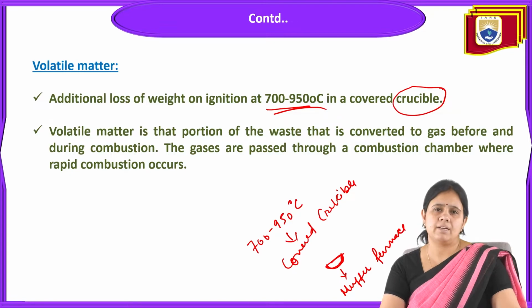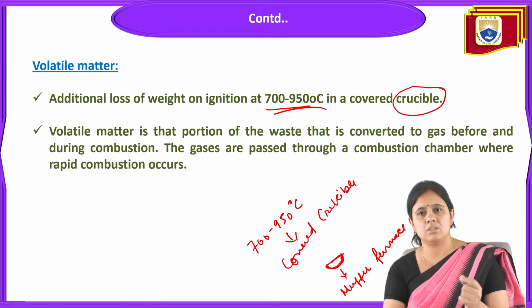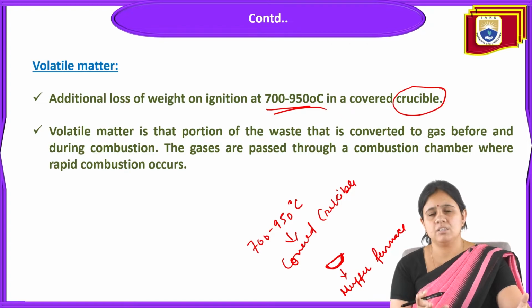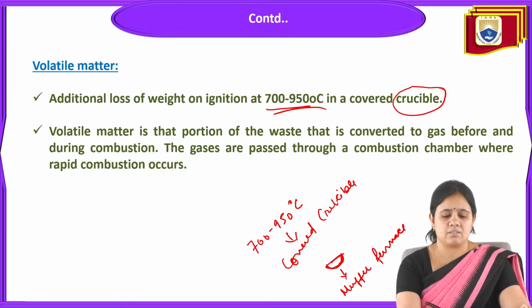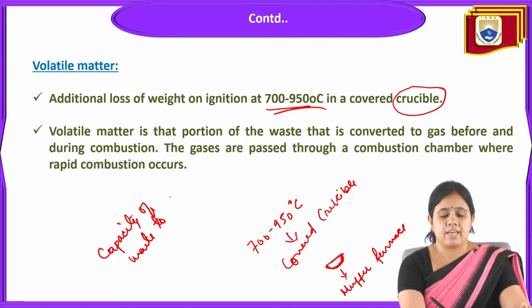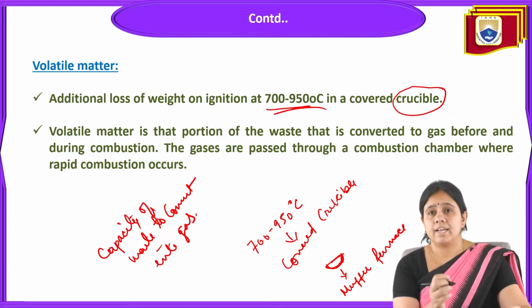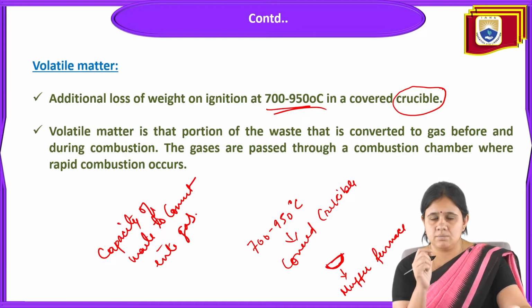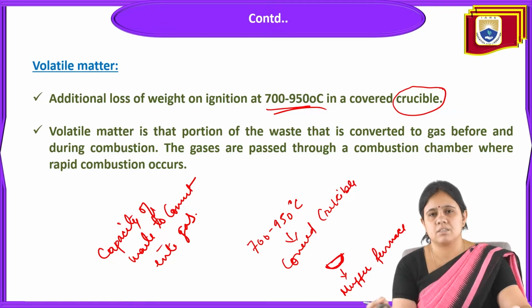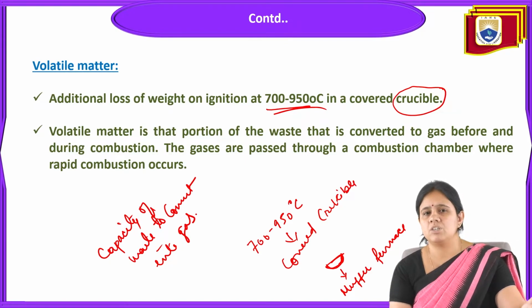So volatile matter gives an idea of the capacity of the waste to convert into gas. A small portion of it is there inside the waste, and that volatile matter is going to convert into gas before and during combustion. With combustion it will convert into gas only.